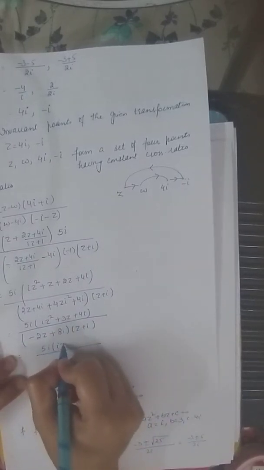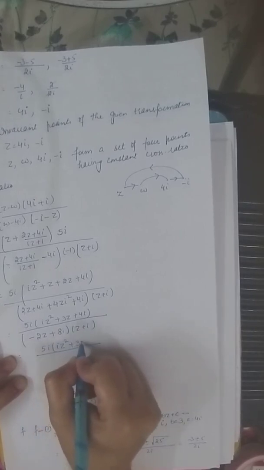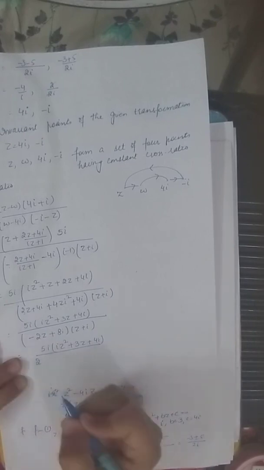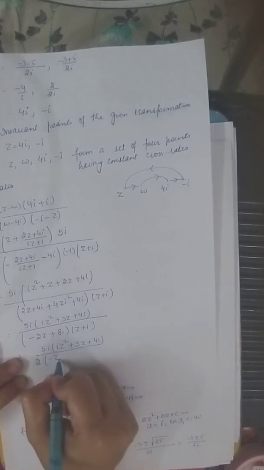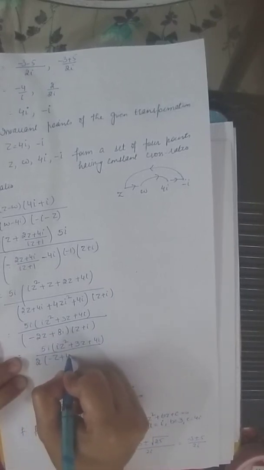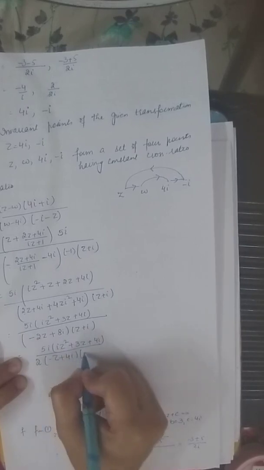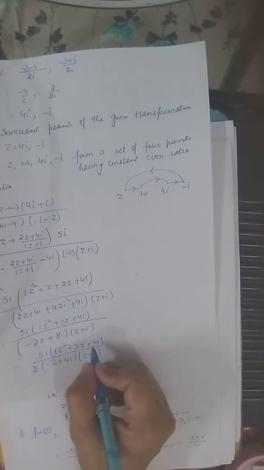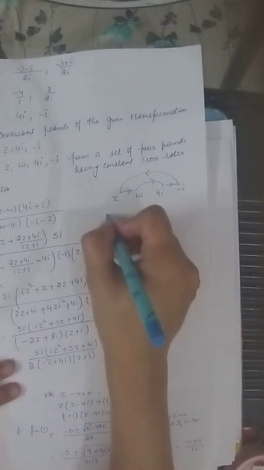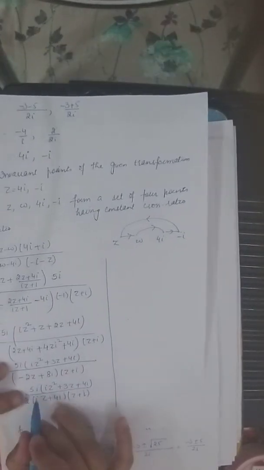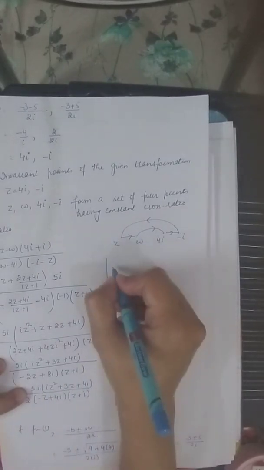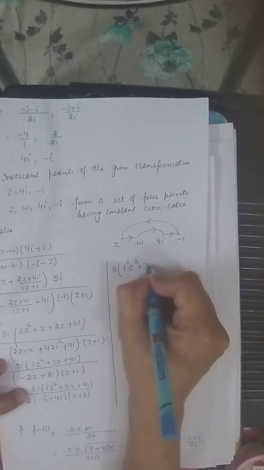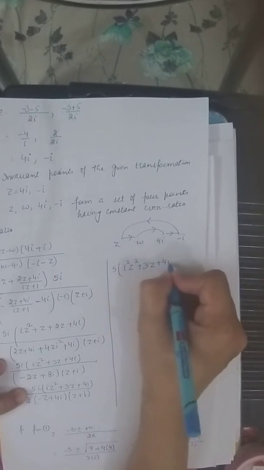5i z squared, 3z plus 4i. Take 2 outside, 2 common: minus z plus 4i into (z plus i). Now I will multiply these and take i inside: 5i squared z squared, 3i z plus 4i squared.